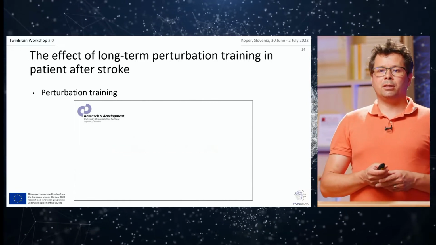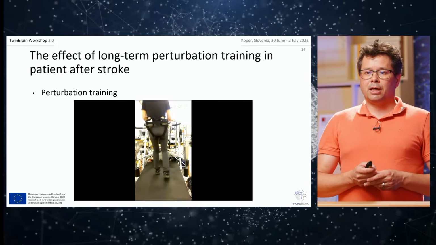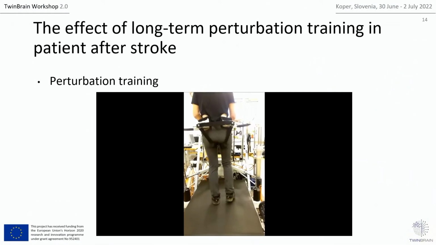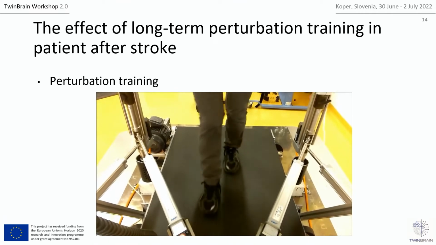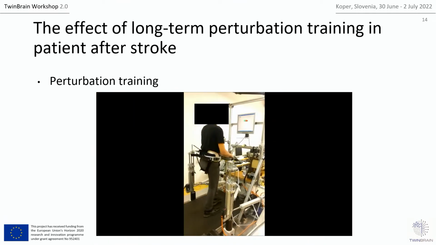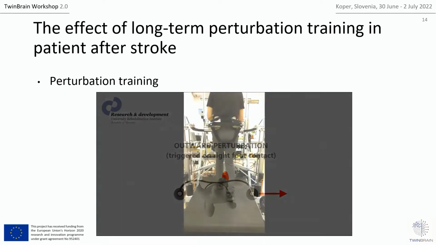This was the device that was built in our research lab. It's a haptic, motorized device that is able to deliver a force field to the pelvis of the patient, or individual force pulses, impulses to the pelvis.